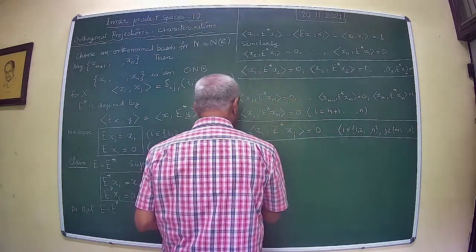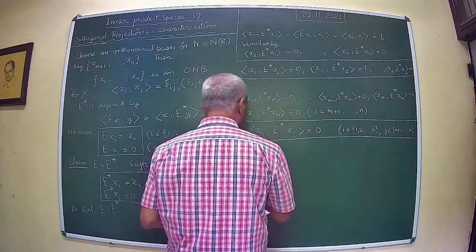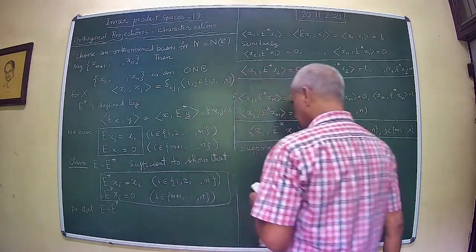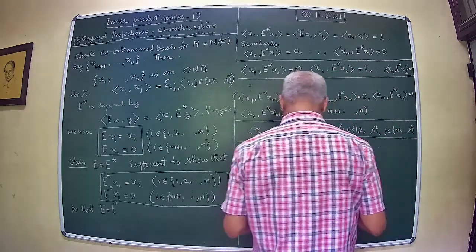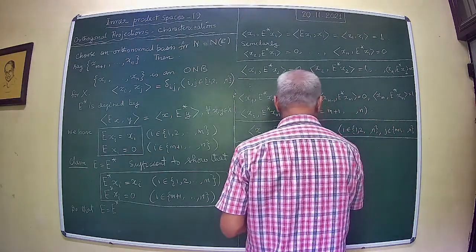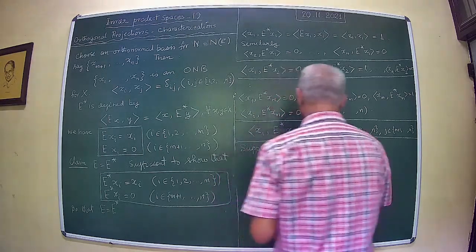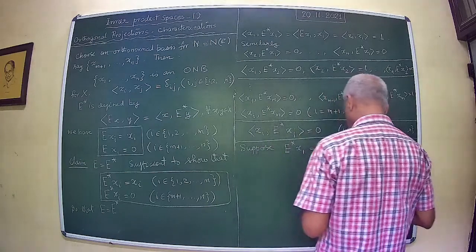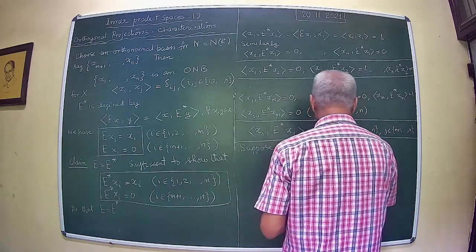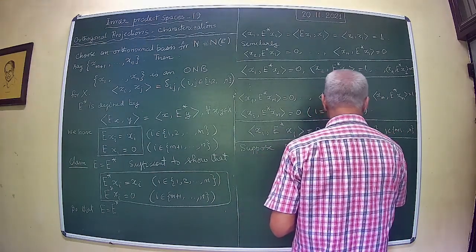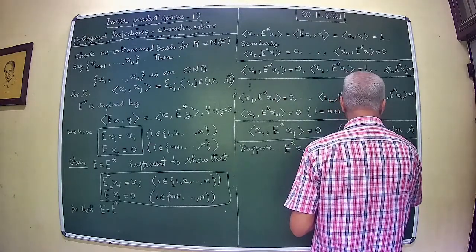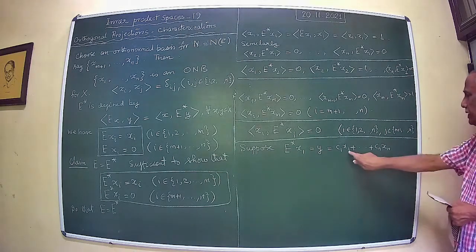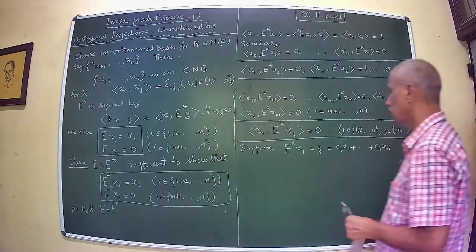Suppose E star of x1 equal to y, which is equal to c1 x1 plus c2 x2 and so on, where c1, c2, etc., cn are uniquely determined and it is expressed in terms of this basis.